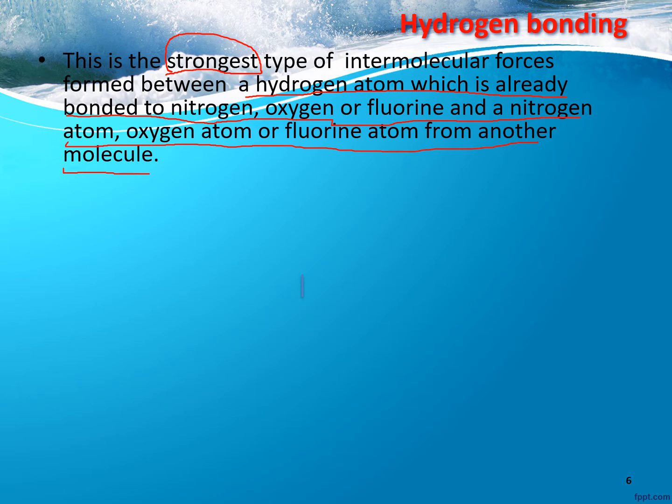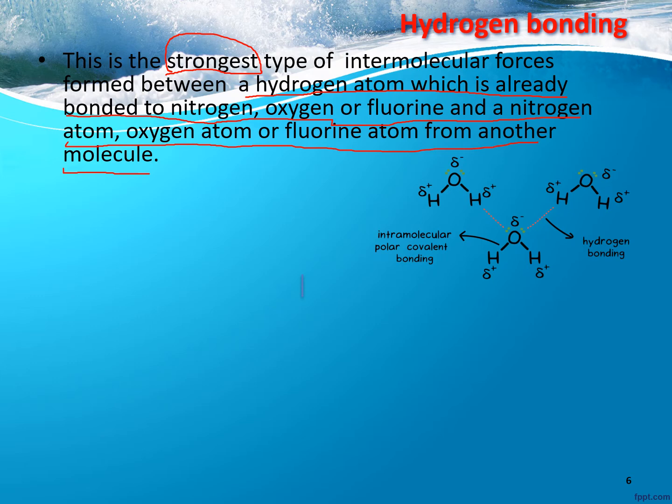The hydrogen bonding takes place between a hydrogen atom which is already bonded to a nitrogen, an oxygen, or a fluorine atom, and then that hydrogen atom will be in attraction with another nitrogen, oxygen, or fluorine atom. I will give you some examples to understand better what I'm trying to say.